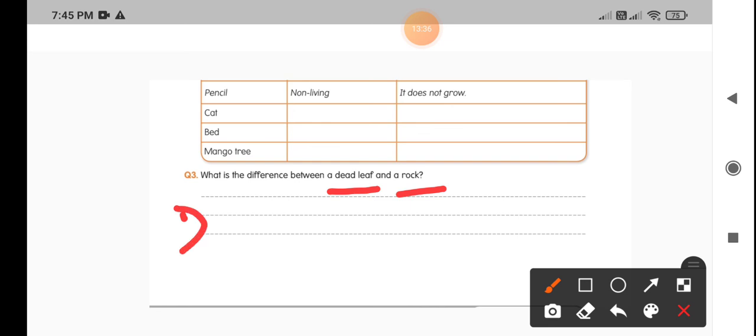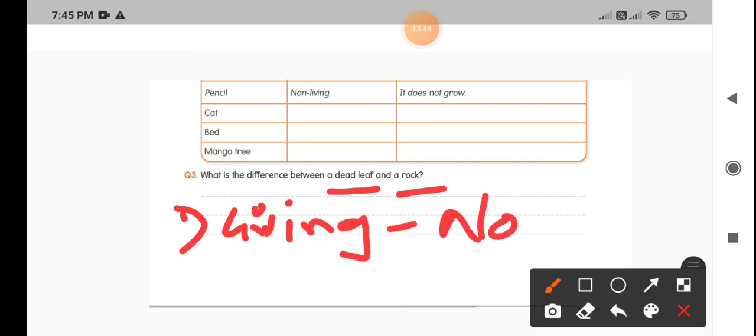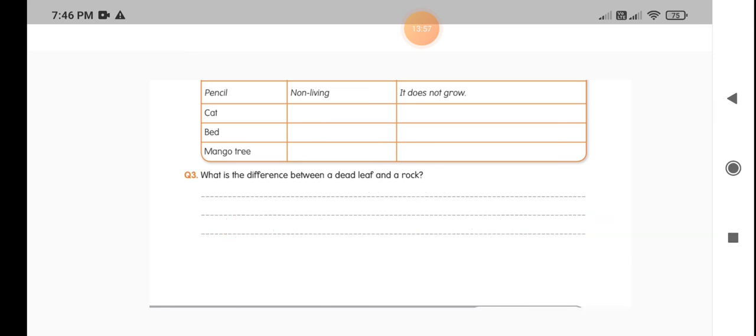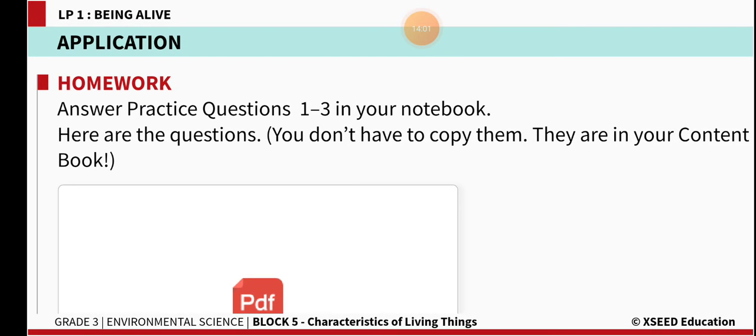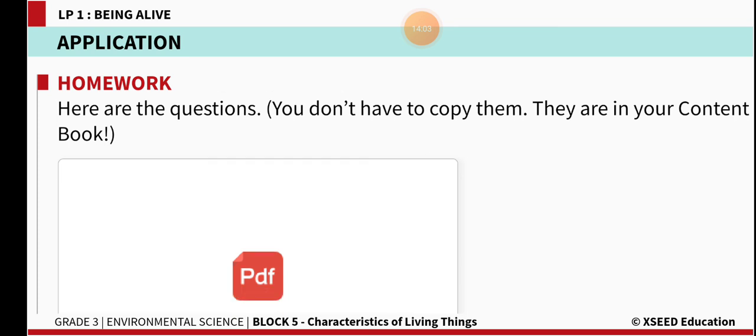As I said, you can even write dead leaf once upon a time it's a living thing, but now it became non-living. And when we come to the rock, from the beginning, it's a non-living thing. Apart from this, if you are finding any other answer, any other difference, you can write there.